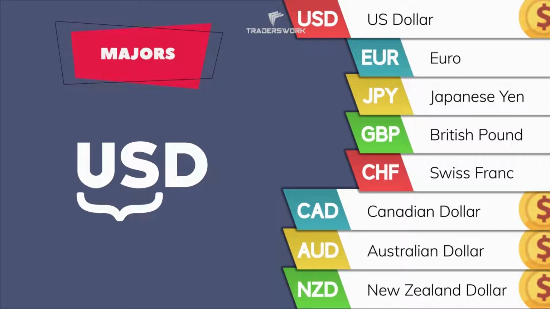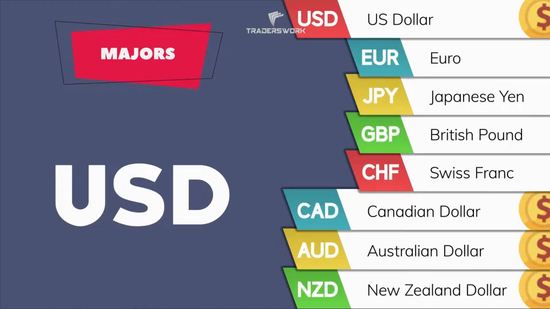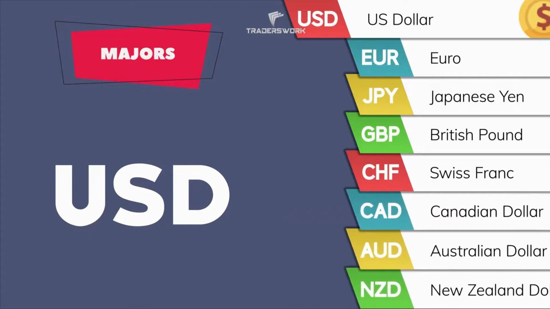The US in USD stands for the United States or America. The D in USD stands for dollar, the currency name. So when we see USD, we know that we are buying, selling, discussing or reading about the United States or American dollar, as opposed to any other dollar, such as the New Zealand or Australian dollar.